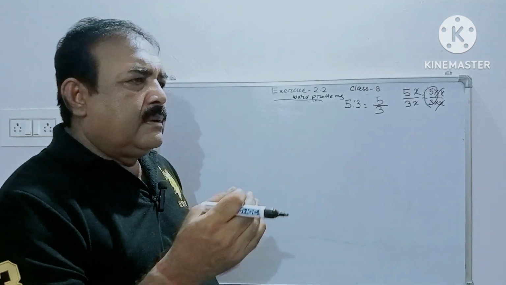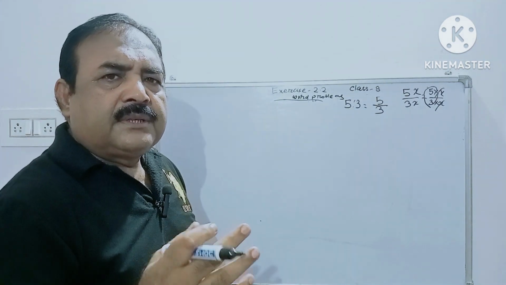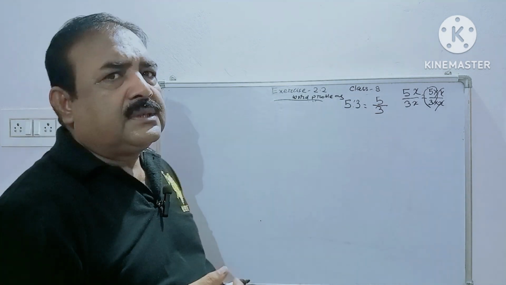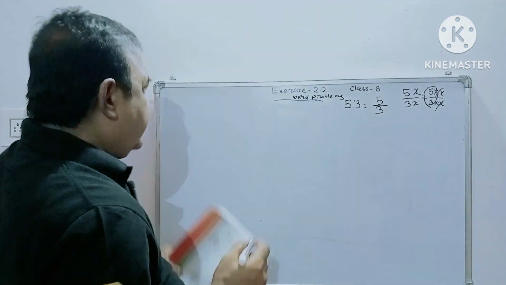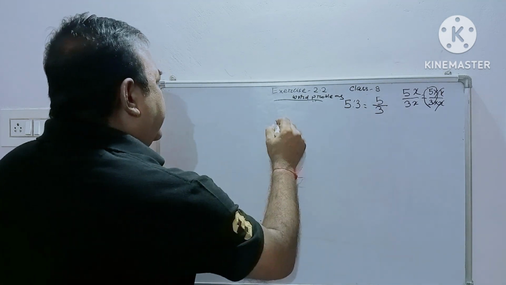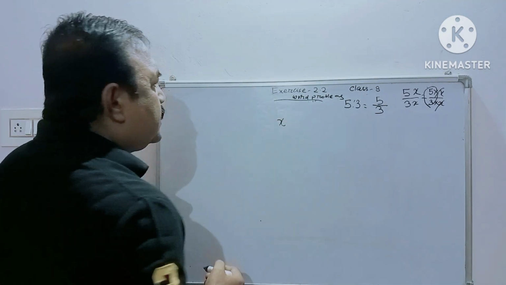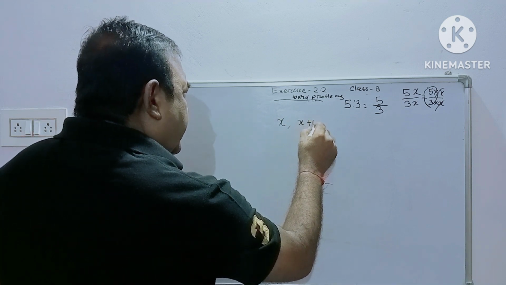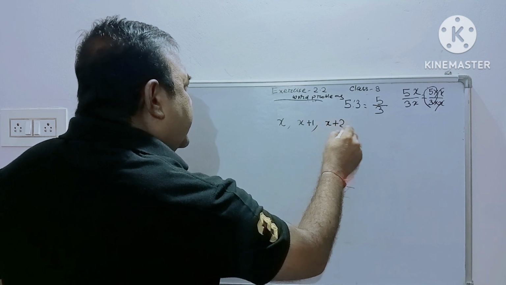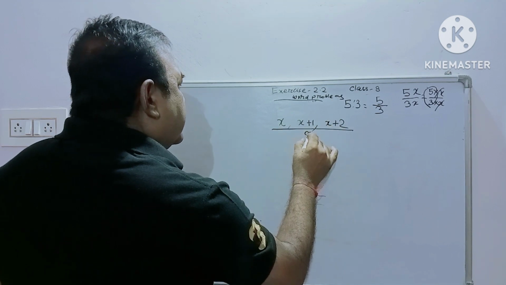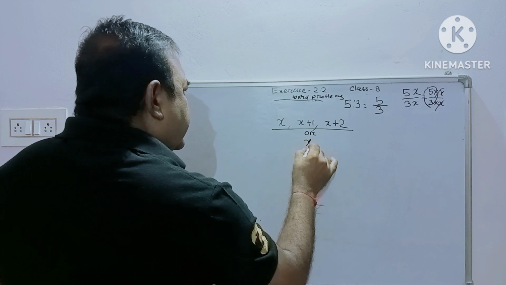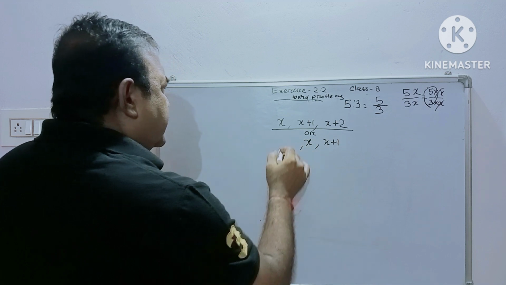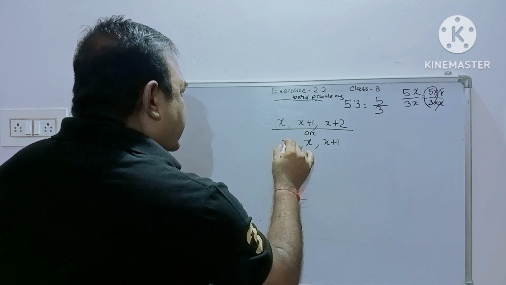You may start from negative integers or positive integers. Consecutive means the difference between two integers is 1. So if I take one integer as x, the next one will be x plus 1, then x plus 2. You may take like this. Or if one number is x, the next one is x plus 1, and the predecessor is x minus 1.